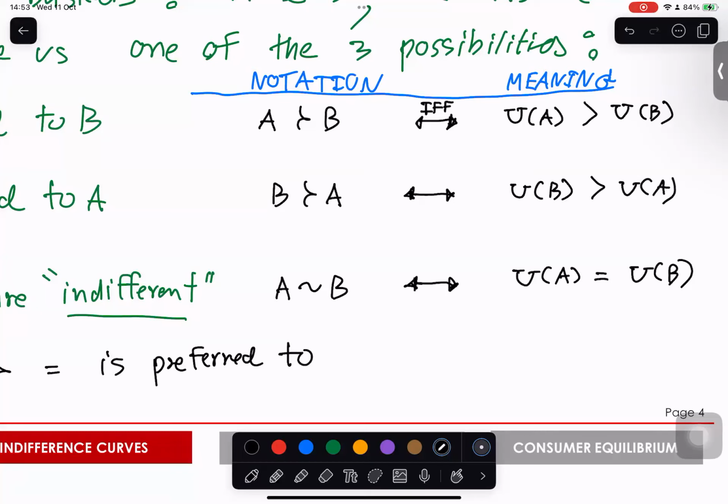Let me remind you, since this is an ordinal approach, we care about ranking, not the numbers. Don't misunderstand that we are going to compare like, oh, basket B gets 100 utils, basket A gets 20 utils. No. When I say utility from A is greater than utility from B, it is the level of happiness.